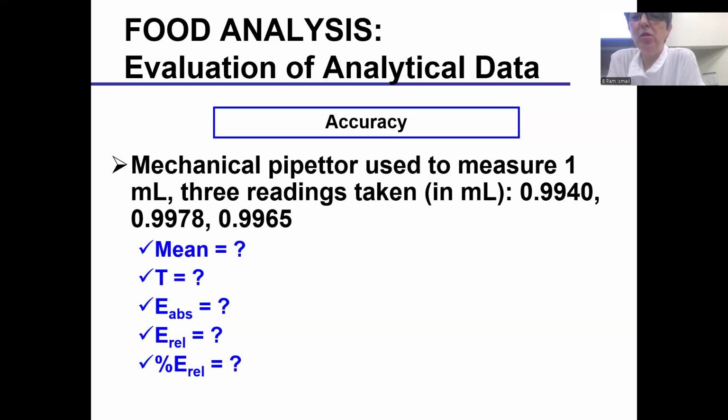What is your absolute error? Lukman? 0.00339. Very good. What is the relative error?